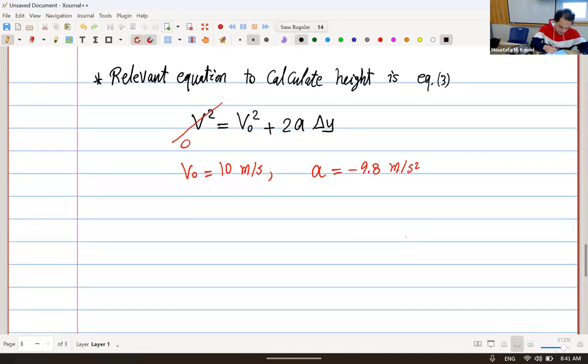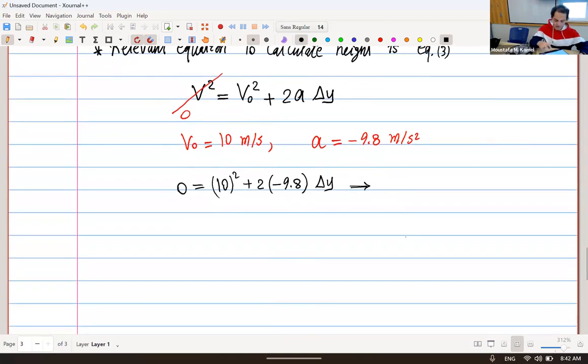So we can substitute that in the equation to get 0 equal to 10 squared, which is 100, plus 2 times negative 9.8 delta y. So let me leave it as 10 squared. After rearranging the equation, delta y is equal to 10 squared over 2 times 9.8. And the negative sign is gone because I put it to the other side.